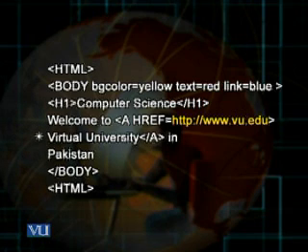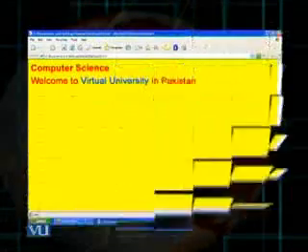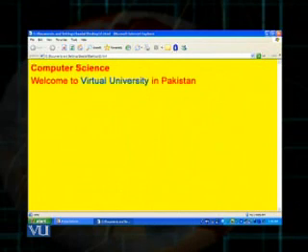Then I write virtual university, anchor tag closed, in Pakistan, body closed, HTML closed. And accordingly, as you just saw, in the pure yellow background, there would be certain text in red color, and the hyperlinks on that web page would be in blue color.